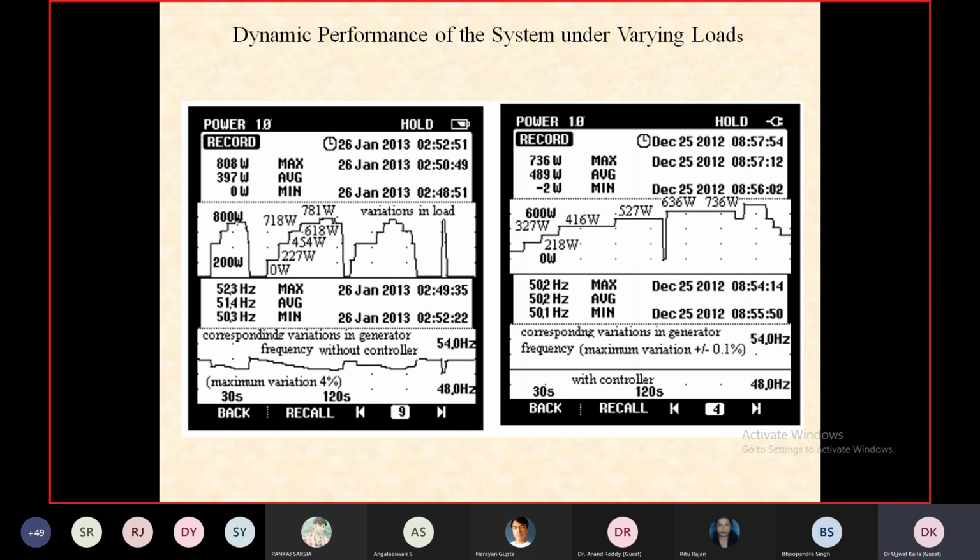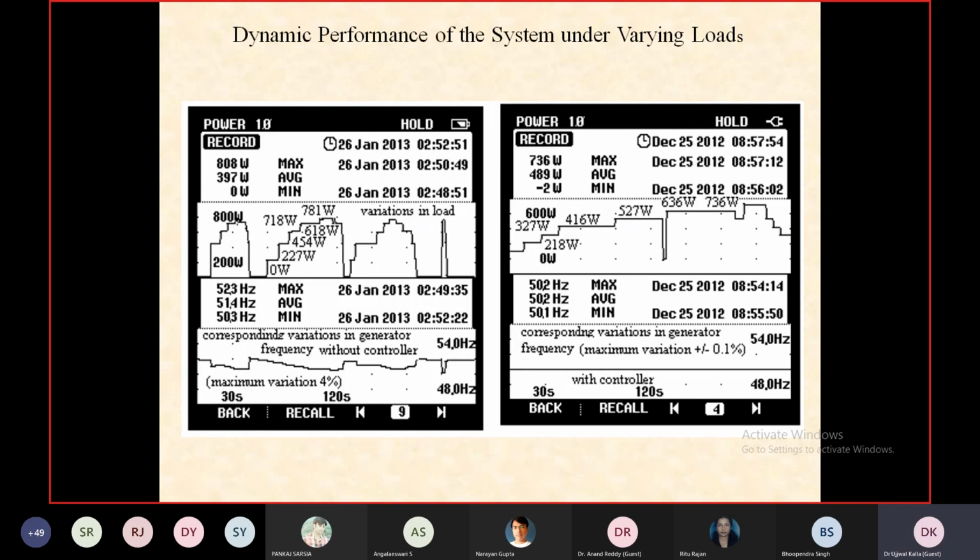And a variation in frequency of 0.1 Hz is acceptable by the international community, by the different agencies, because this is a renewable system. In renewable systems, the standards are different.